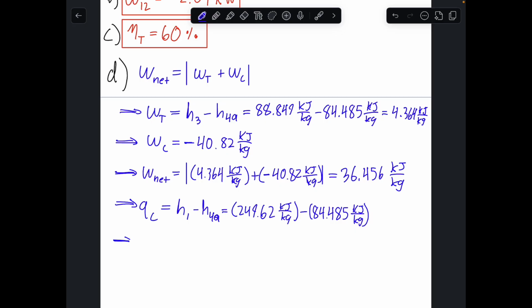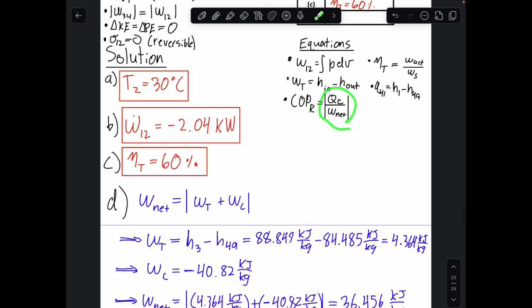And so this will turn out to be QC is equal to 165.14 kilojoules per kilogram. So this is our QC. And again, we have our QC and our work net, so we can evaluate this equation here.